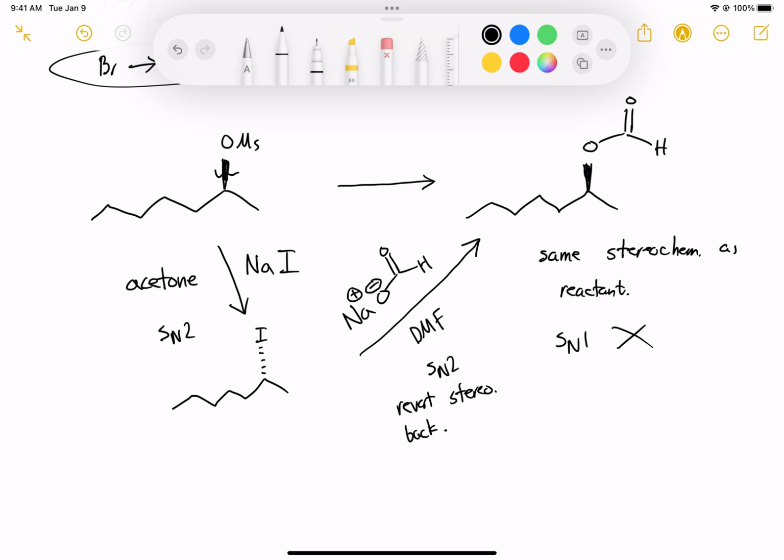But in order to do that, we can't just do it directly, right? Because we need to maintain the stereochemistry. So that's why we put that reaction second, so we can invert the stereochemistry back to the original stereochemistry that we started with. And so we can get the right product.